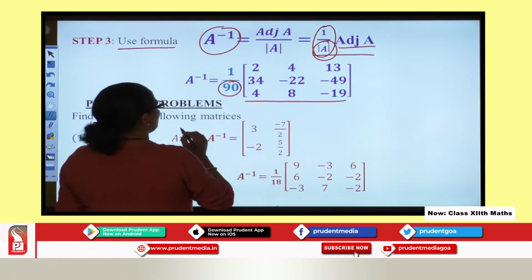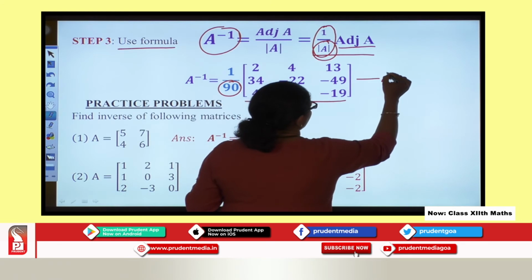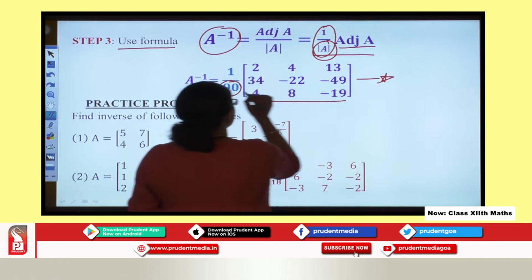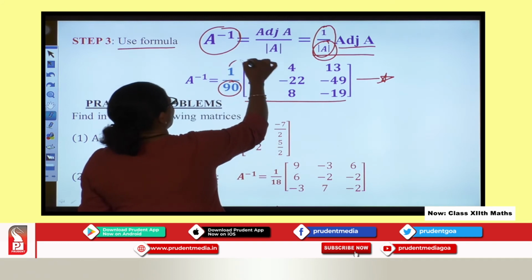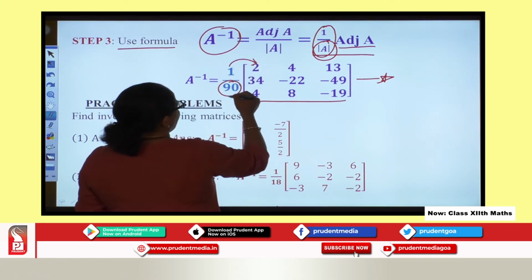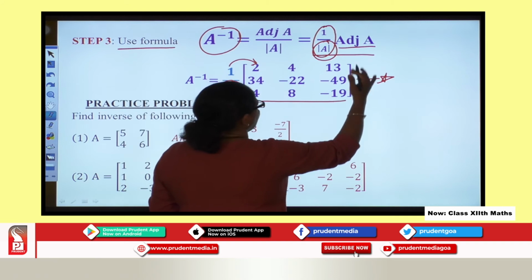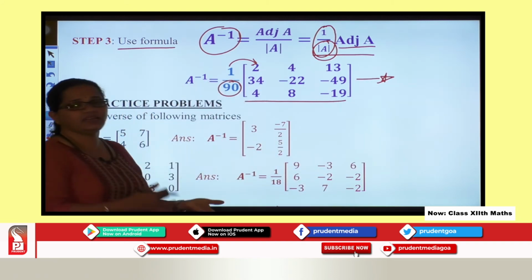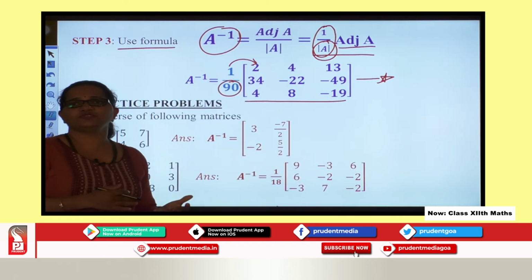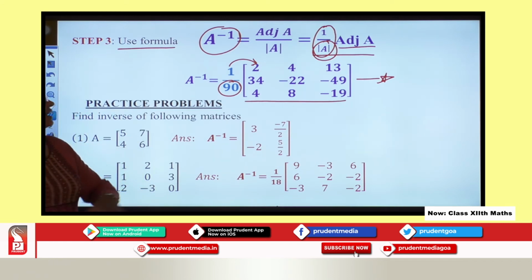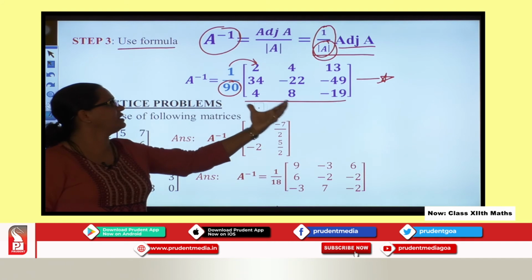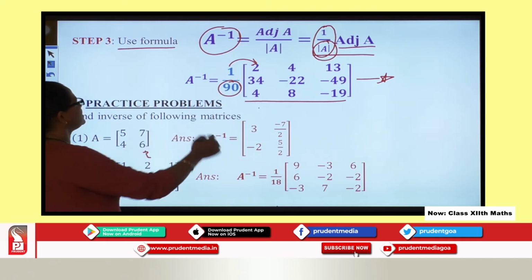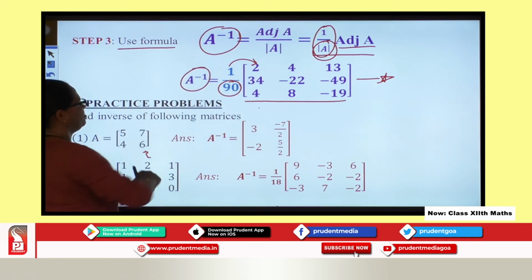Now we can just keep this as it is, or if I want, I can multiply 1 by 90 into each element. But I insist you not to waste time. You just write 1 by 90 into the matrix and you stop. This is how you get the inverse of a matrix.